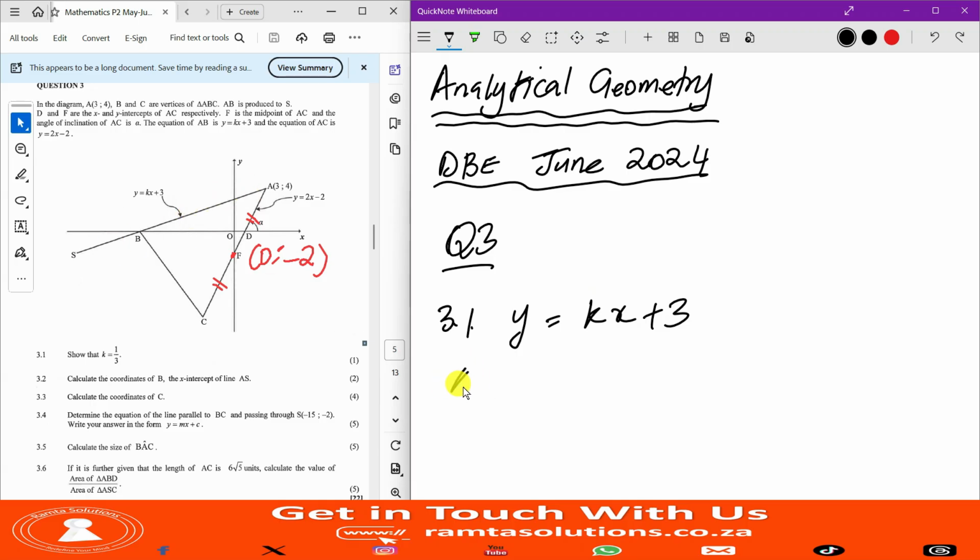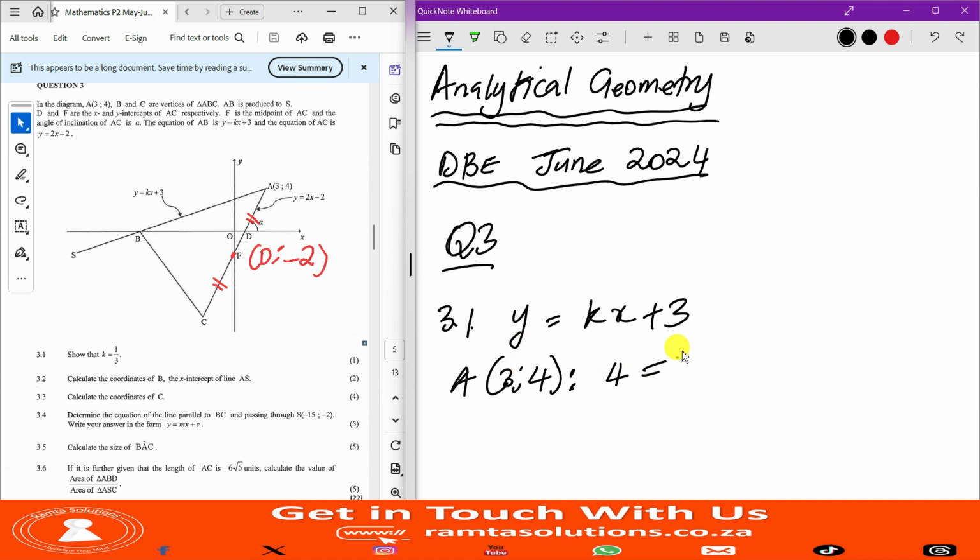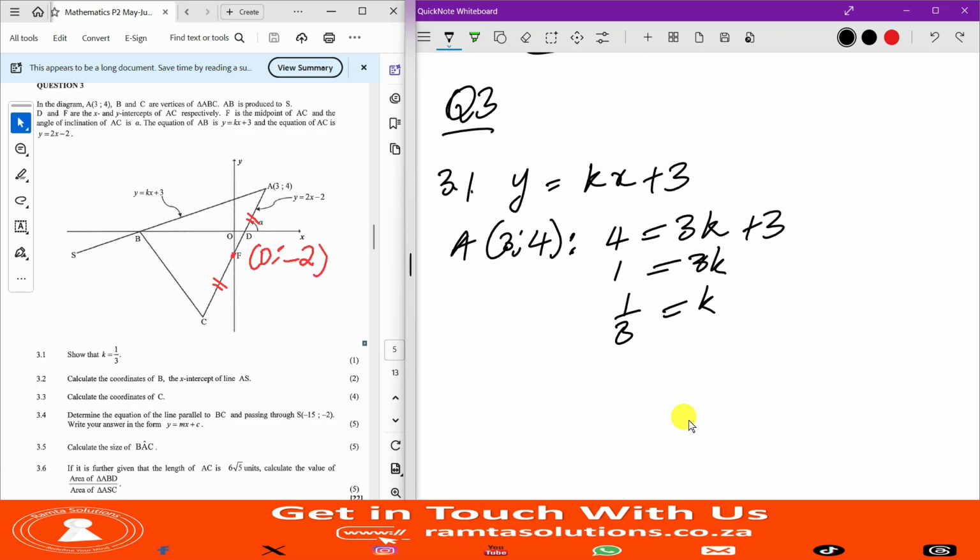Yes, we have point A, with coordinates (3;4). Where there's x, you put 3; where there's y, you put 4. So 4 = 3k + 3. Now this becomes 1 = 3k. Therefore, k = 1/3. So we have proved that k is 1/3.